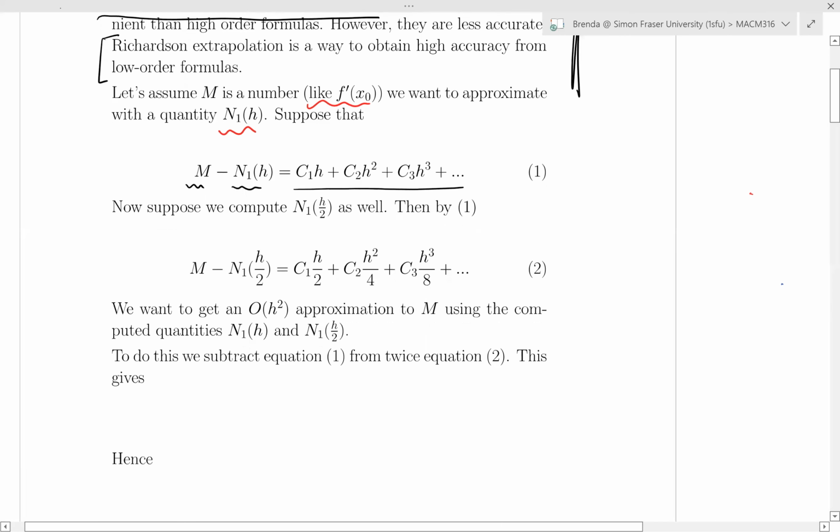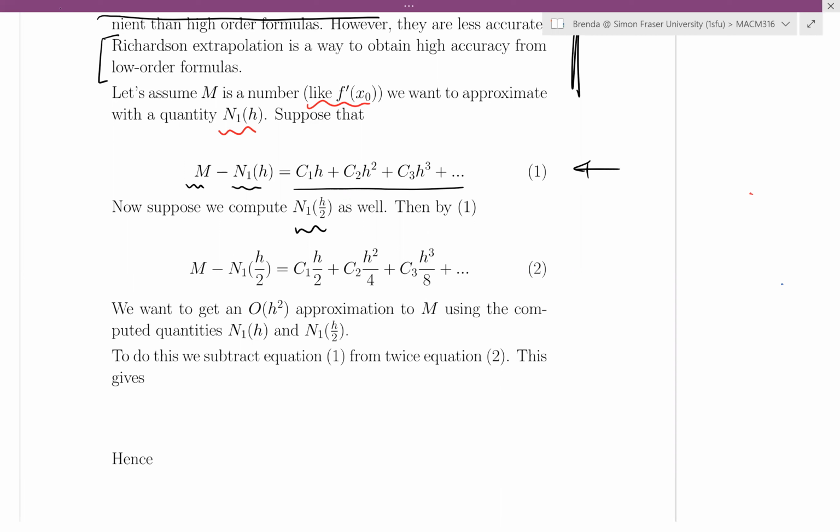we imagine the situation where we also compute N1 of h over 2. What I'm doing here is just substituting in h over 2 for h in equation 1. That's what equation 2 is.